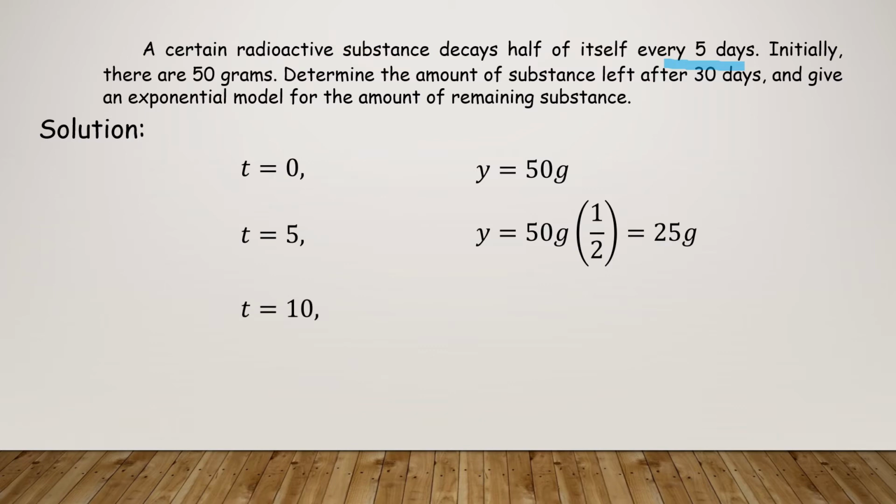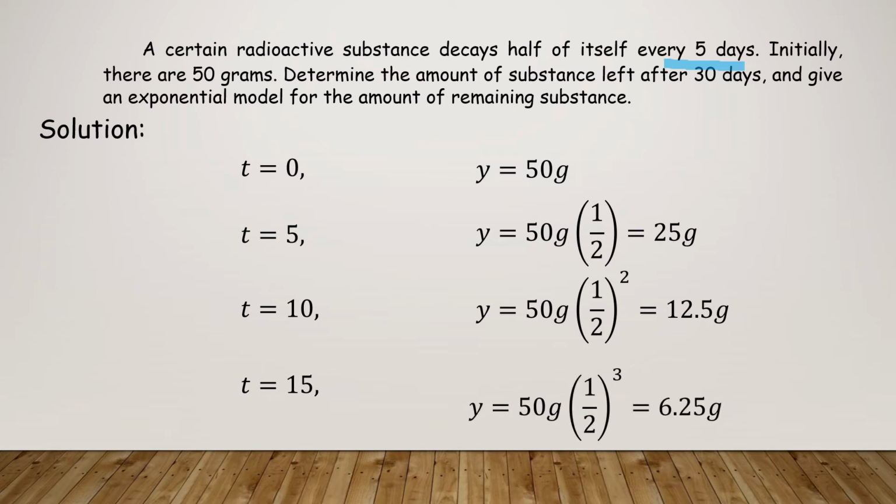After 10 days, we have y is equal to 50 grams times 1/2 raised to 2, is equal to 12.5 grams. After 15 days, we have y is equal to 50 grams times 1/2 raised to 3, which is equal to 6.25 grams. So again, paano ulit nakuha yung 2 at yung 3?